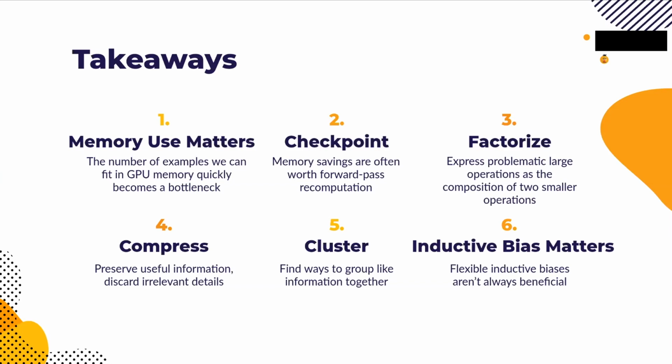If you have expensive operations, see if you can factorize them into the composition of two smaller operations. Another alternative is seeing whether you can compress large matrices into smaller matrices, or cluster information together to use a kind of structured sparsity that approximates the full dense attention.